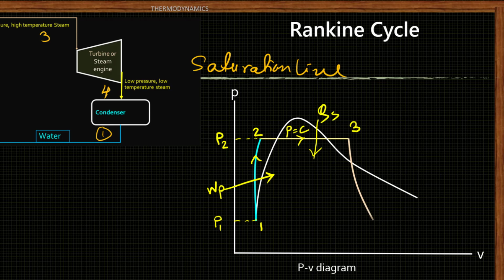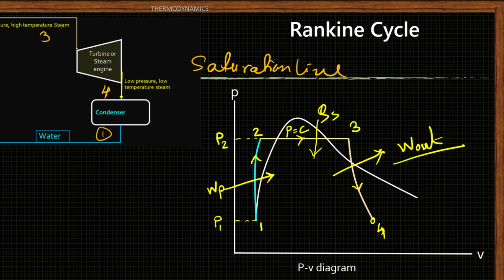During this process, W out, that means the work output of the turbine, is produced. Point 4 is the low pressure point, and this represents the liquid vapor mixture at low pressure and low temperature.